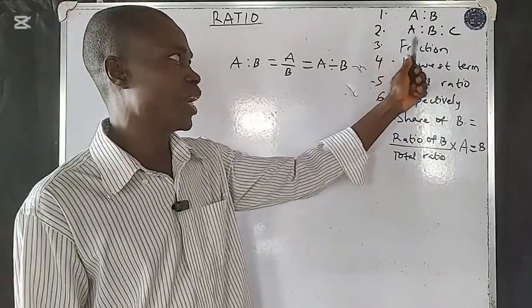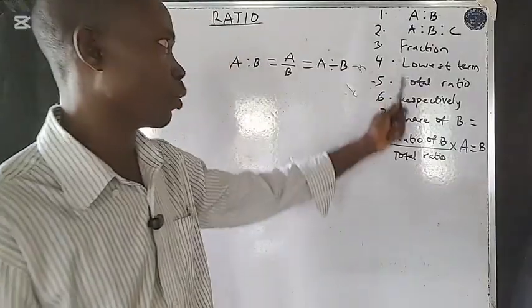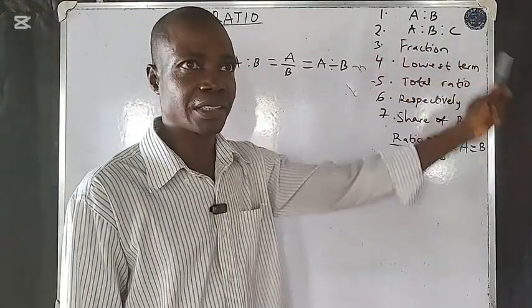And when you see ratio ABC, instead of comparing two things, we are comparing three things.